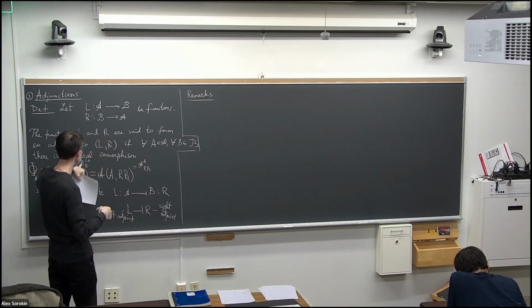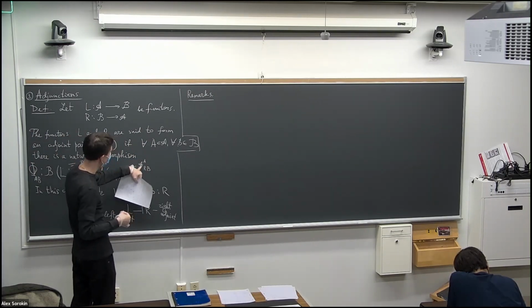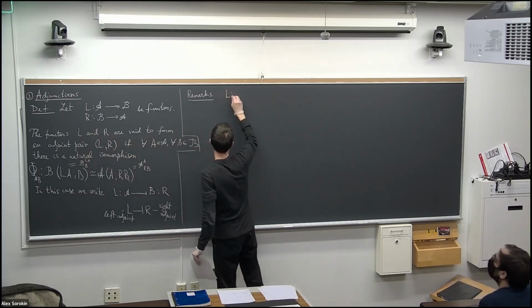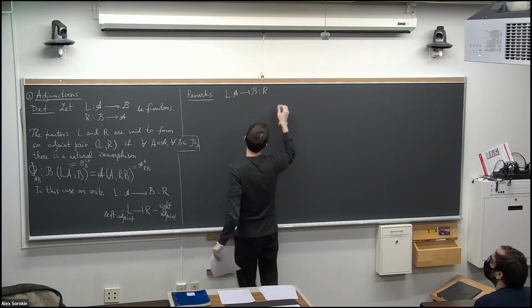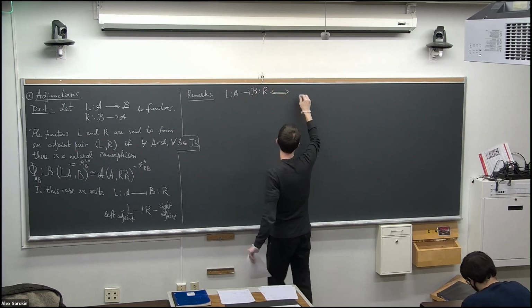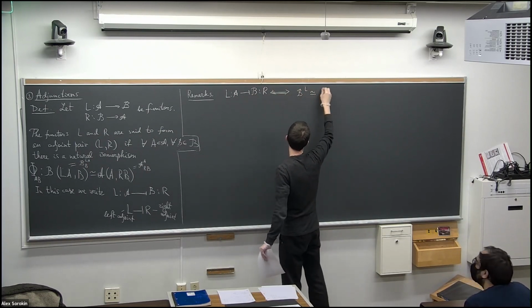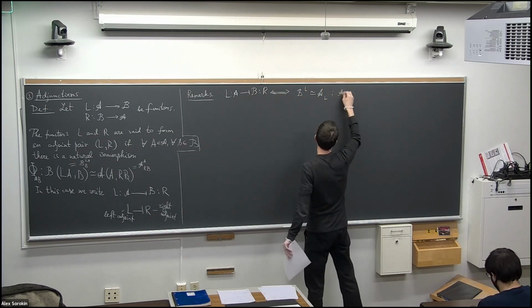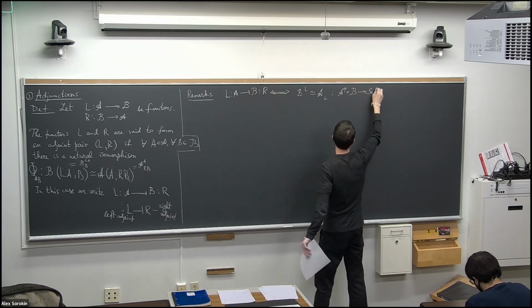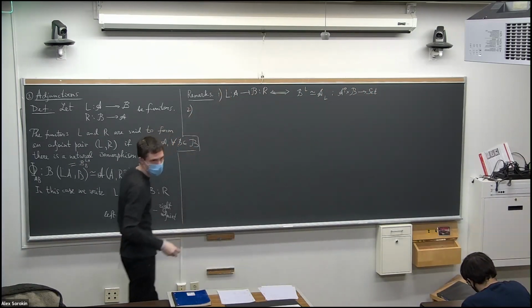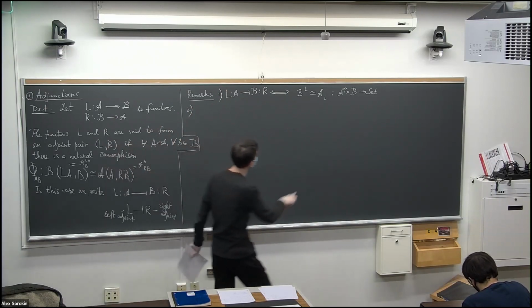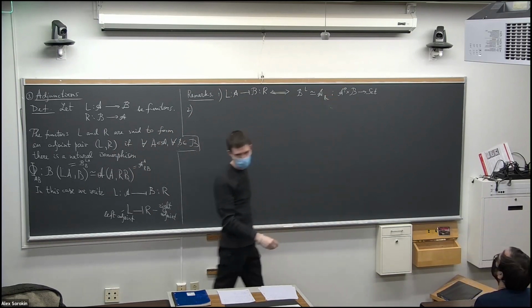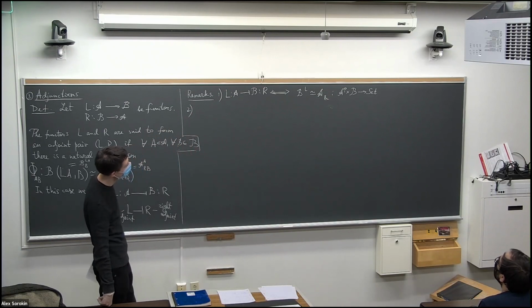The first bifunctor is hom in B with superscript L, and the second bifunctor is hom in A with subscript R. So we have such an adjunction if and only if these bifunctors are isomorphic, these being functors from A^op times B. So if these bifunctors are isomorphic, then L is isomorphic to Y. Later we will reformulate this in terms of profunctors.